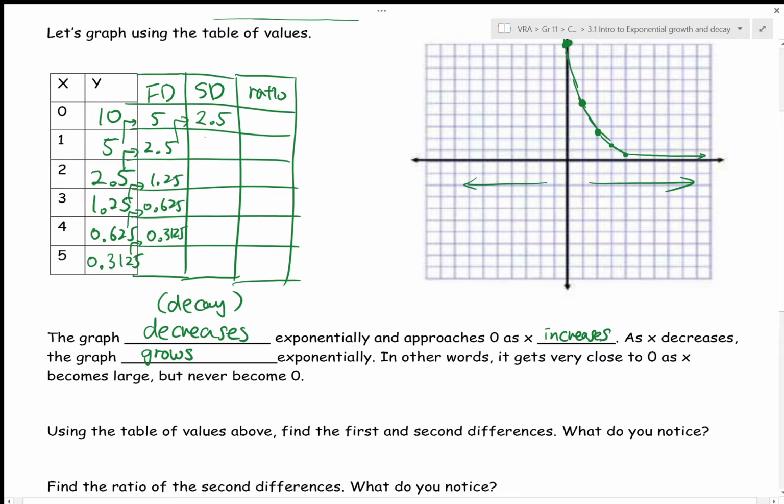So then it is 2.5, oh sorry, negative 2.5. These are all negatives, right? All negatives, don't forget. And then this then becomes second differences of 2.5, 1.25, and then 0.625, 0.3125. Are we okay? Now, since the first differences and the second differences are not constant, then we move on to the ratio part.